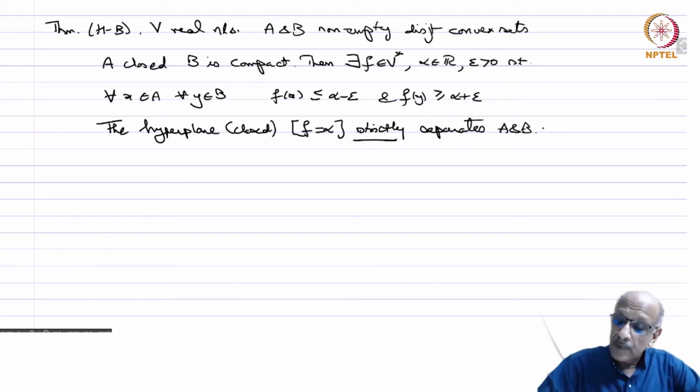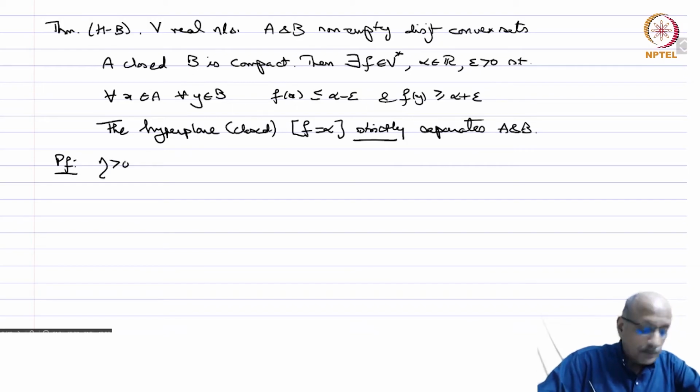In the previous example neither set was compact. You could have taken the other also closed if you like, if you took y less than or equal to 0, but they are not compact, and that is why we could not separate them. Okay, so proof.